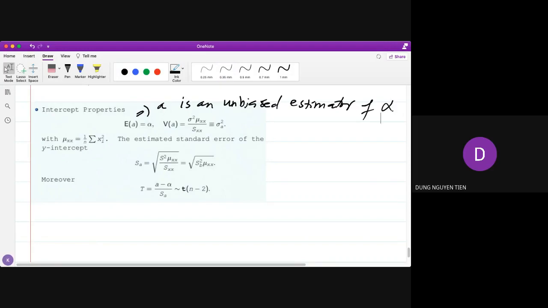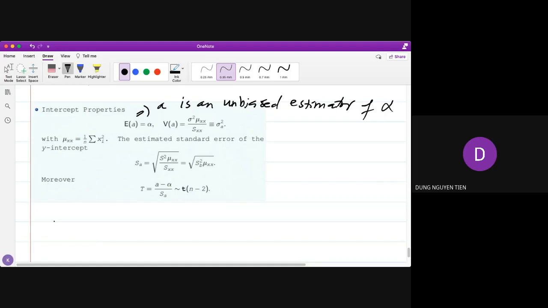So that is a good approximation. And the variance of A is sigma squared times mu xx over the Sxx, where mu xx is 1 over n times the sum of xi squared. So the variance of A is this expression.